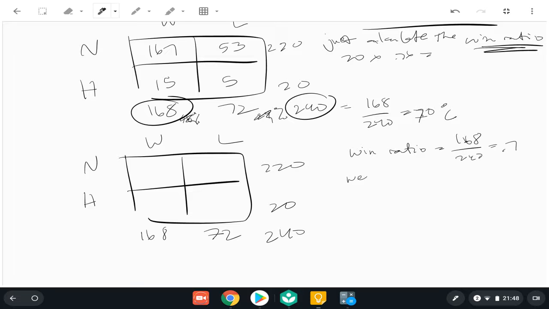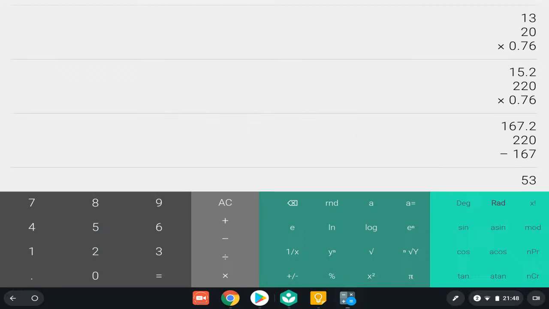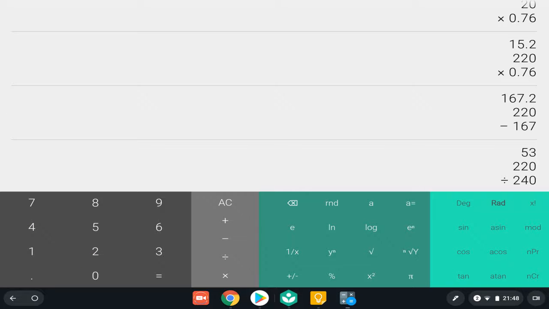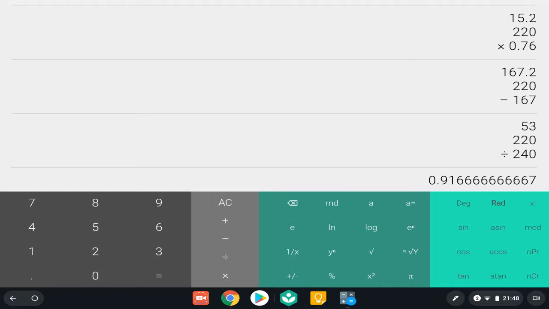Weather ratio equals 220 over 240. Wow, that's ugly writing, but whatever. 220 divided by 240. I just did that up above, but that's 92%.